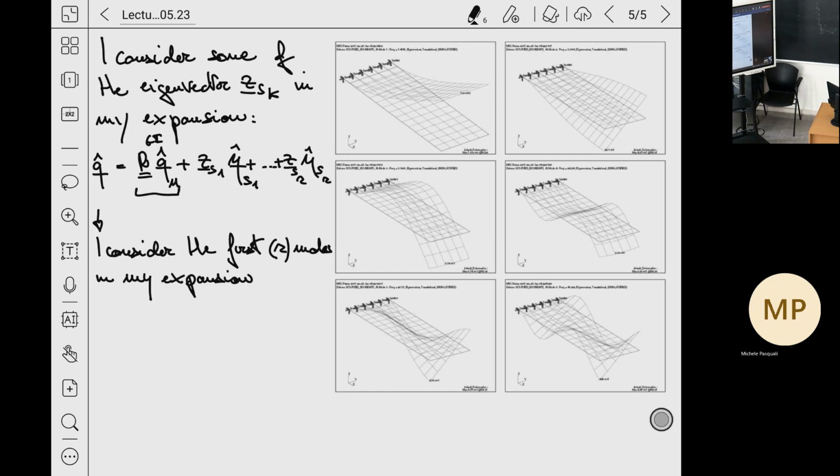If I have to write it in a compact way, I can write the following. Eta, they are basically the modal coordinates. No? They are coordinates which are not anymore associated to the displacement of a single node, but associated to what we are seeing here.